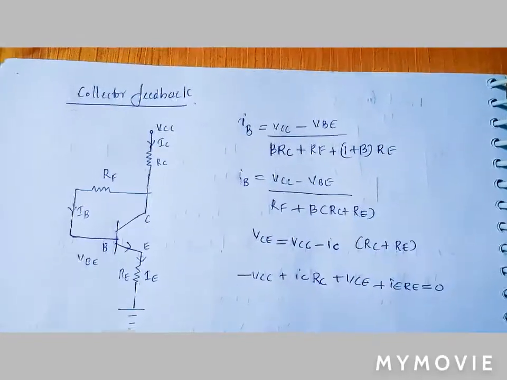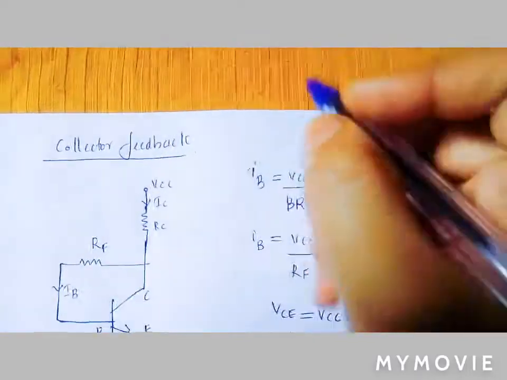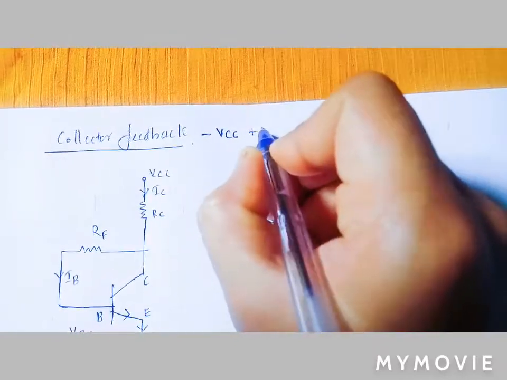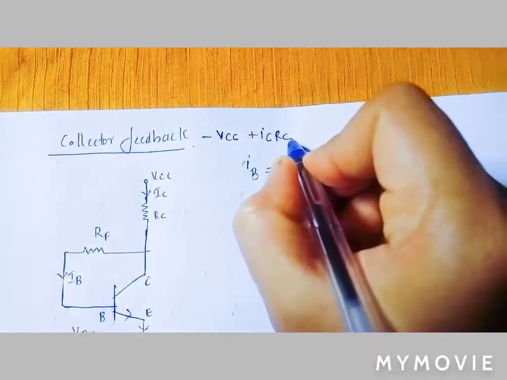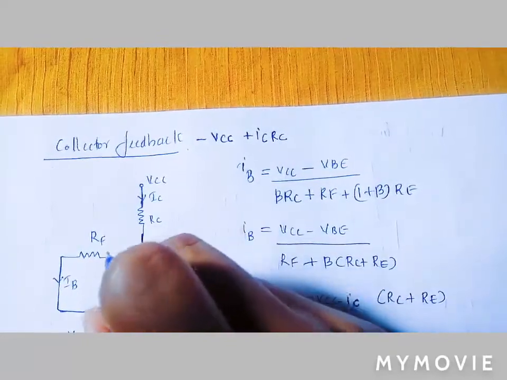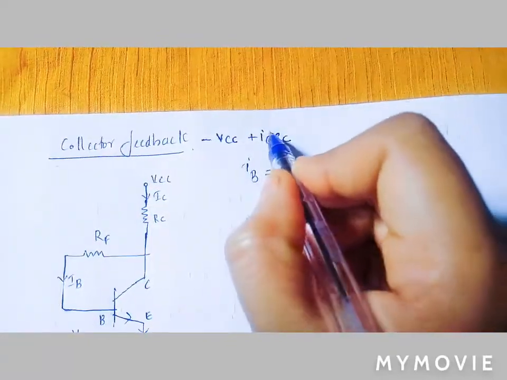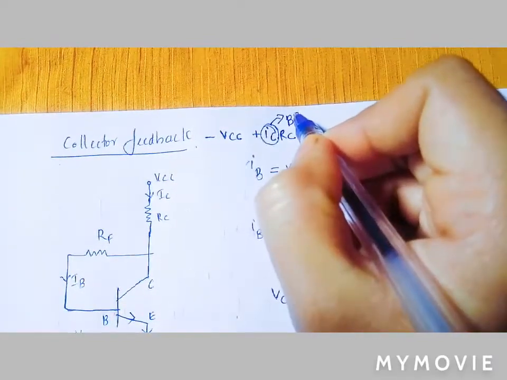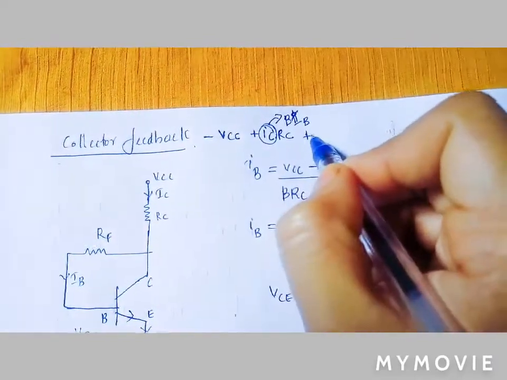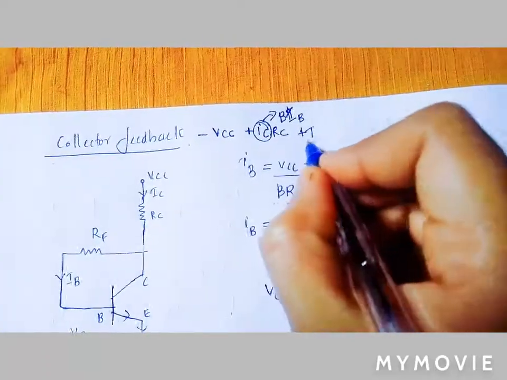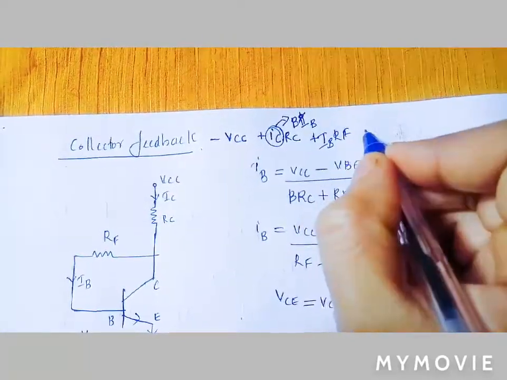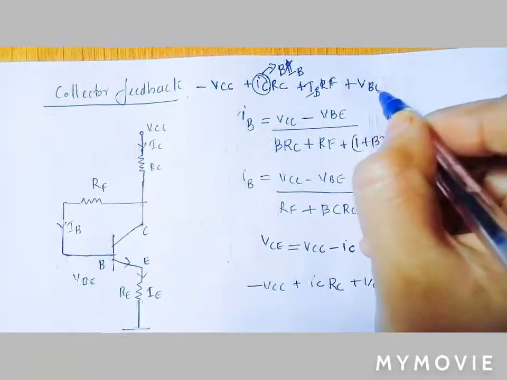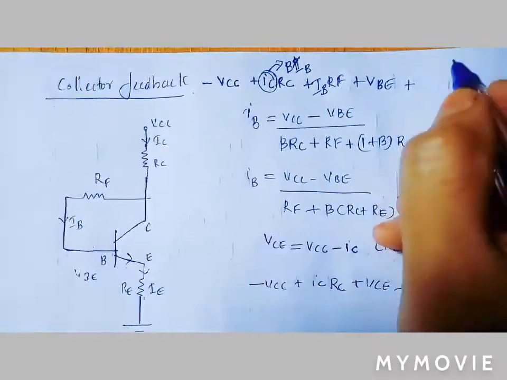Here we can write that as minus VCC plus IC RC. IC RC is there, so we change it to beta IB RC, plus IB RF, plus here the potential is VBE, plus here it is IE RE.